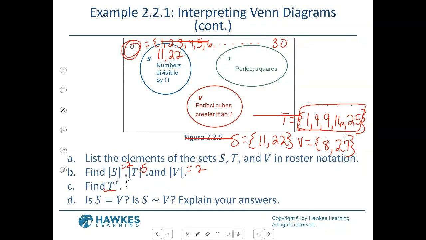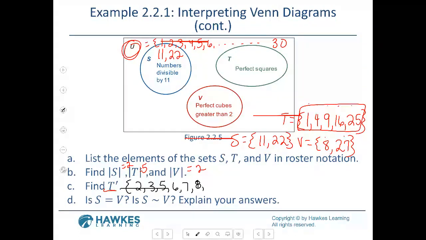So we can list 1. No, we can't list 1 because 1 is a part of T. Sorry. So you're going to have to start with 2, 3. Can't put 4 because 4 is a part of T. And then it'll be 5, 6, 7. Can't put 9. Then you have to go to 8.